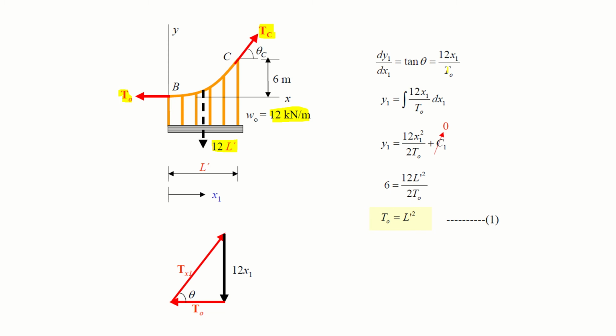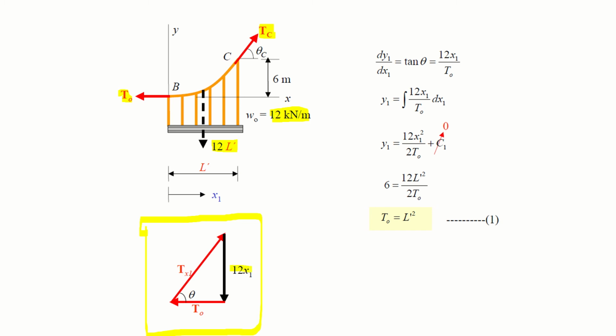Now please note it carefully. As you know, dy by dx is equal to tangent theta, and in this case tangent theta is equal to 12x1 divided by T naught. What is 12x1? Just consider this figure, right? So this is your T naught, which is this thing, right?